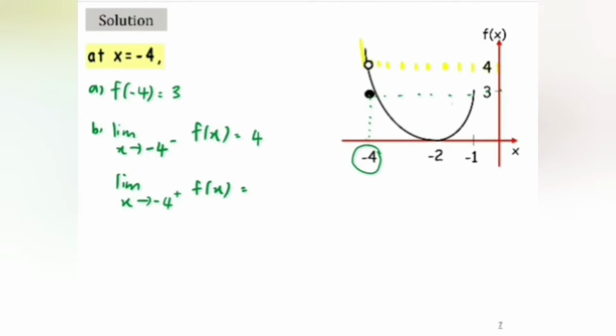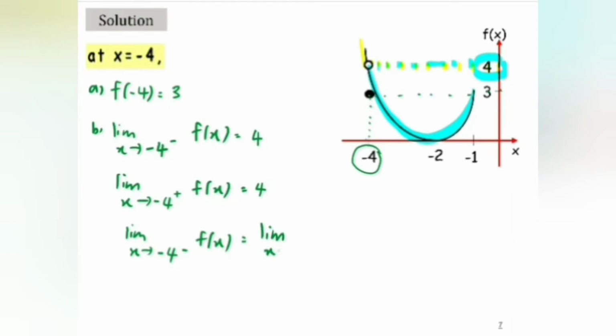And as x approaches -4 from the right, f(x) also approaches 4. Since the left-hand limit equals the right-hand limit, that means the limit as x approaches -4 exists and equals 4.